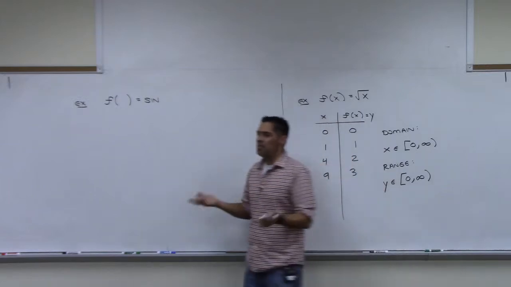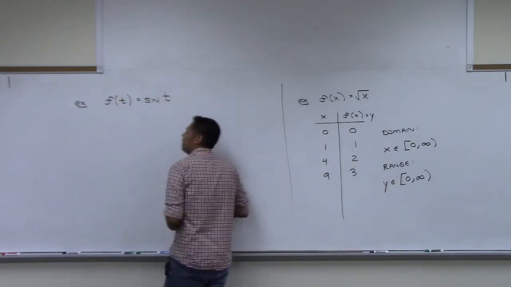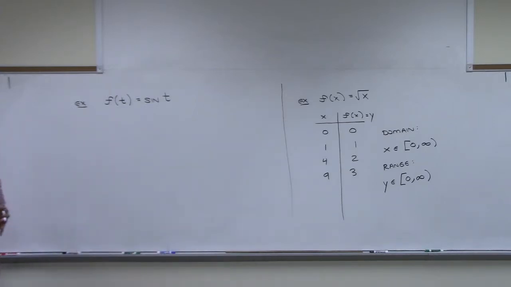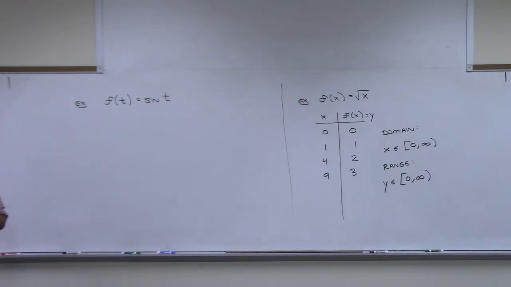So we're going to use t instead right now, but that's more like a dummy variable. Your input here is an angle, isn't it? Your input's an angle, and your output is the y coordinate off the unit circle for that angle.